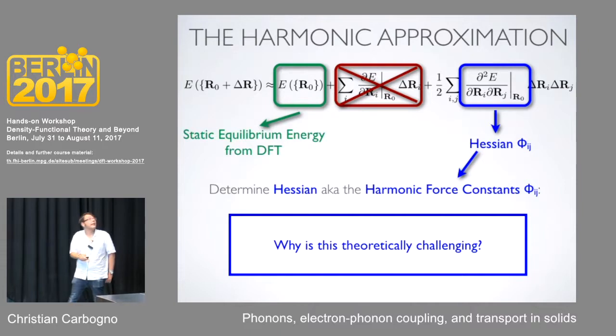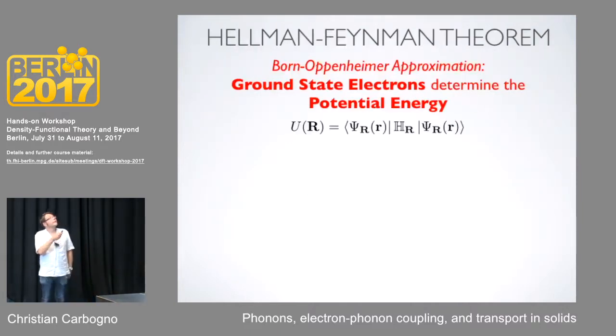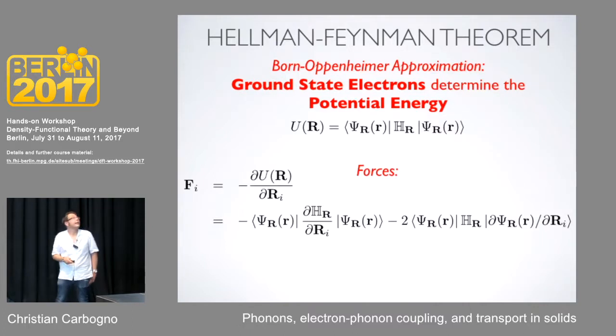If you think about lecture 1 on the basics of electronic structure theory, we had discussed that the potential energy surface that the nuclei experience corresponds to the expectation value of the Hamiltonian. This is nothing else than the Born-Oppenheimer approximation. If you try to do the derivative to get the forces first, this is easy. You do the derivative, then you get the expectation value of the Hamiltonian, and then you get an additional term where you have a bra Hamiltonian and then the ket of the derivative of the wave function.